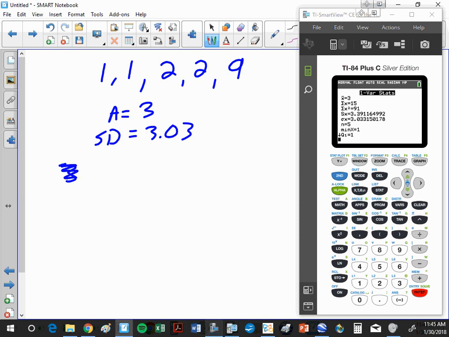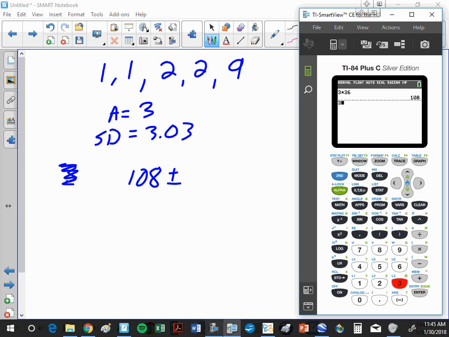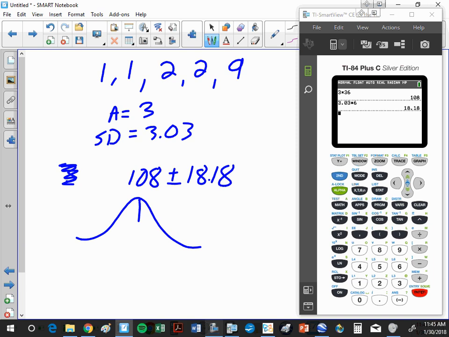Sorry, I said 100, but so 3 times 36 is 108, and that's plus or minus 3.03 times 6, square root of the draws, plus or minus 18.18. So I draw my normal curve, I put 108 in the middle, and I want to know less than 100.